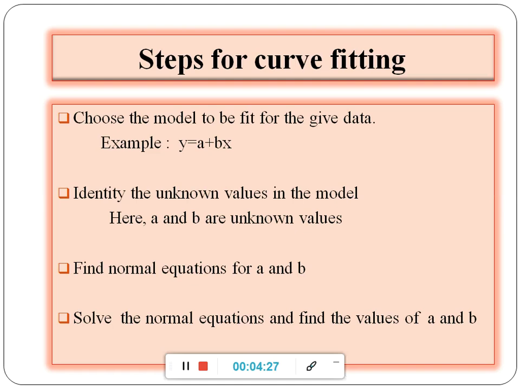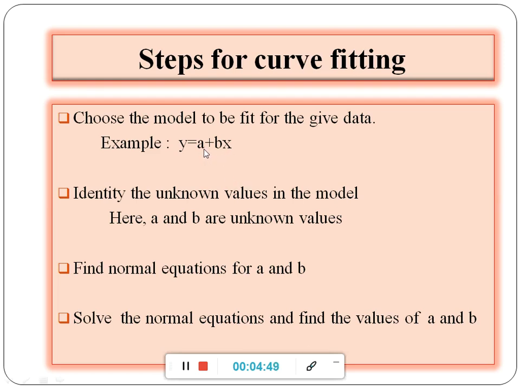Now, steps for curve fitting. Step 1: choose the model to be fit for the given data. First we have to choose the right model, for example y equal to a plus bx. Second step, identify the unknown values in the model. Here we have four variables x, y, a, b.